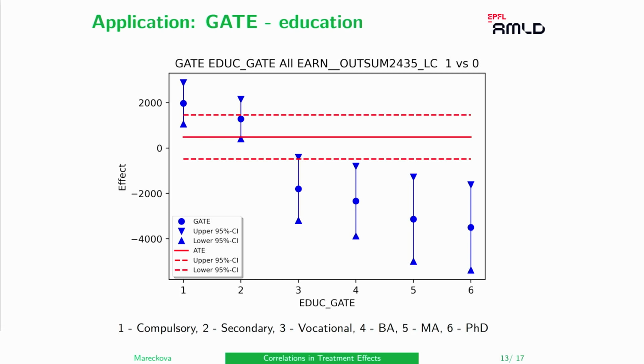Now let's continue the exploration. We go now to the education. So now we have 6 different levels of education, starting from compulsory schooling, going over secondary vocational until the PhD level. And now we see again, from this particular treatment, the lower educated people seem to profit more than higher educated people. Now again, the same question.